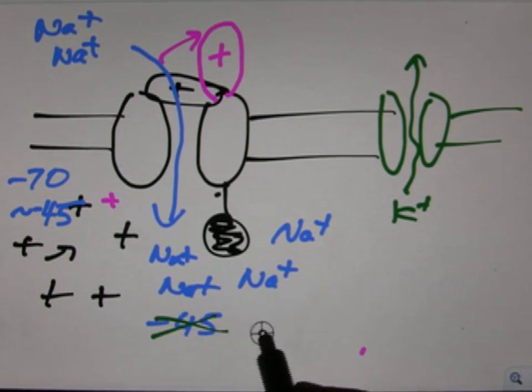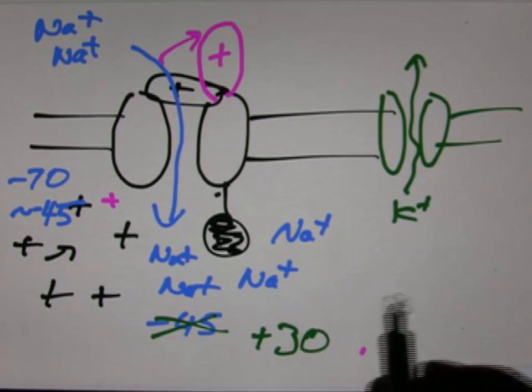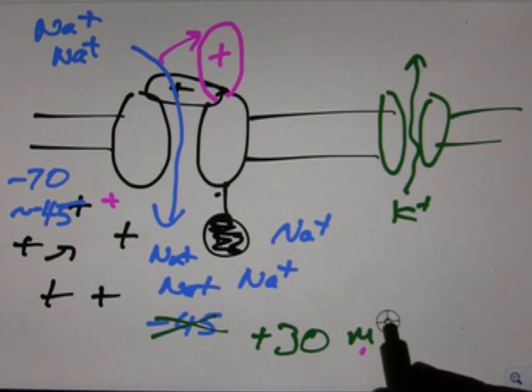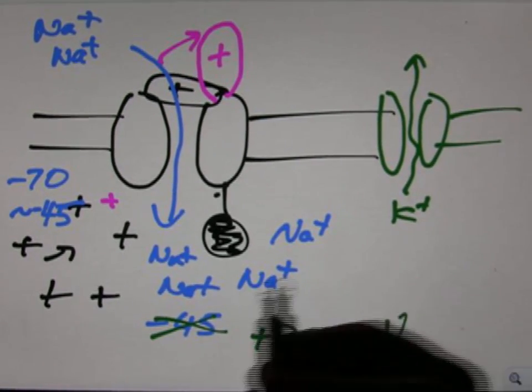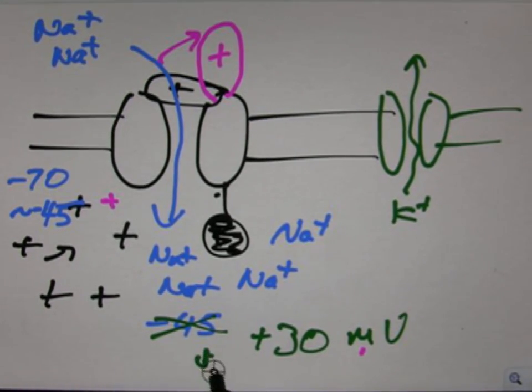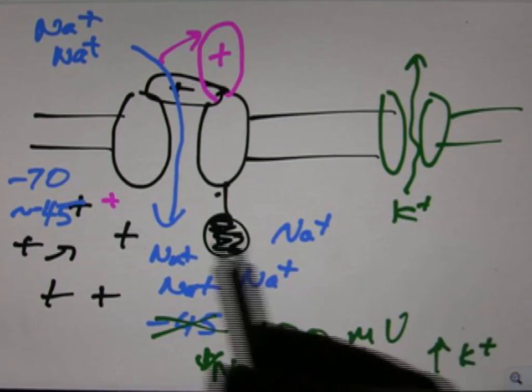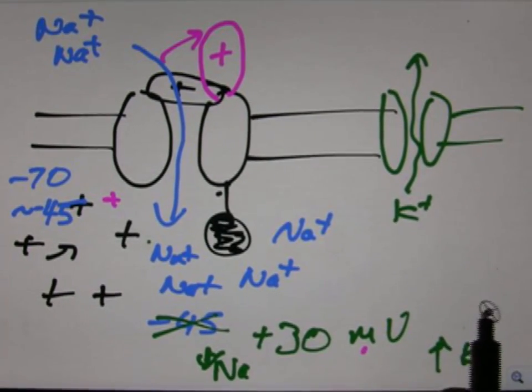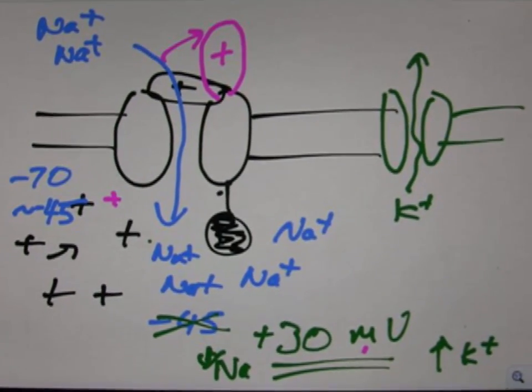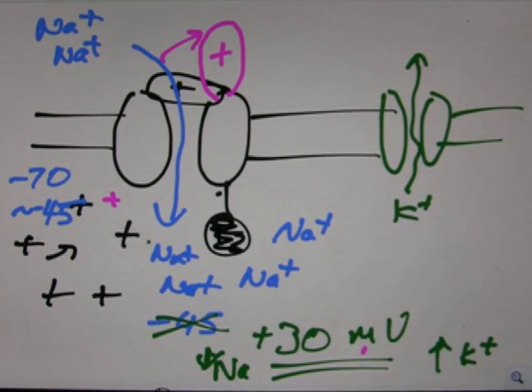We get to around plus 30, and at that point, at plus 30 millivolts, the amount of sodium coming in is balanced by the number of potassiums going out, because we have those two types of channels open, and so we get to about plus 30 millivolts. That's the first half of an action potential.